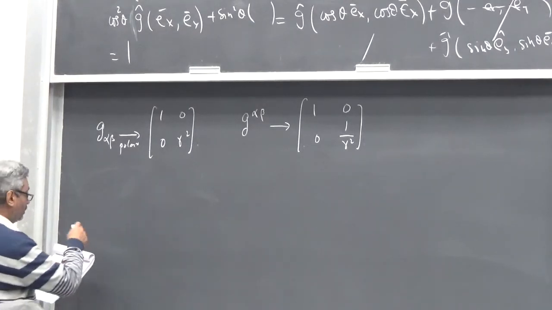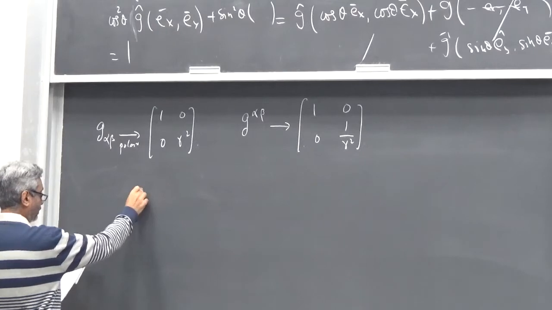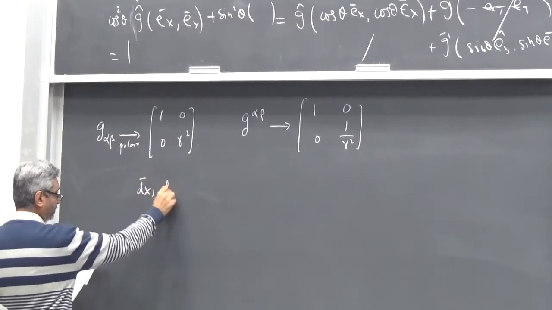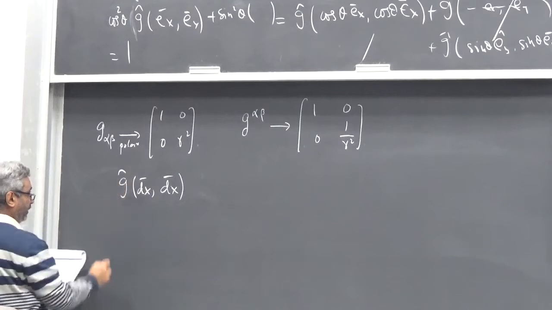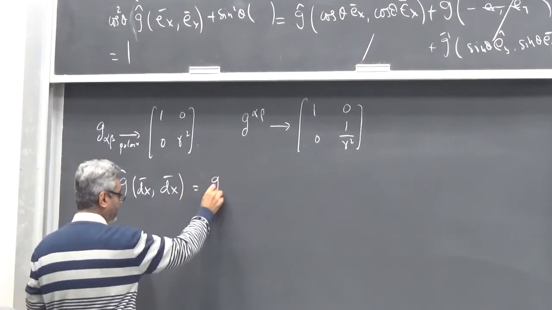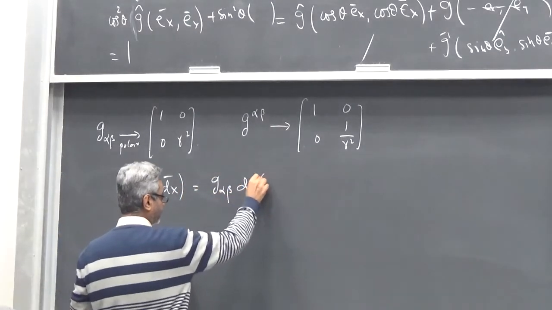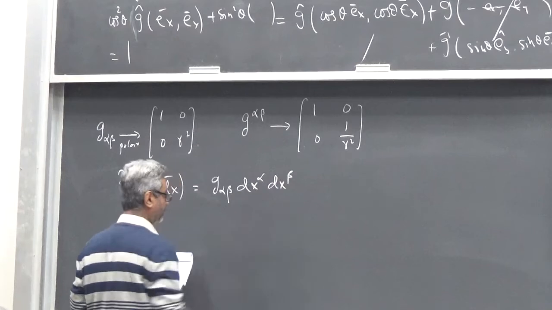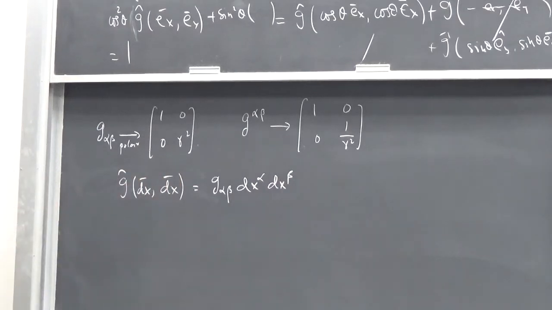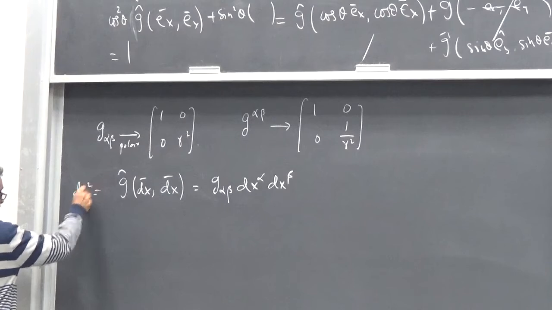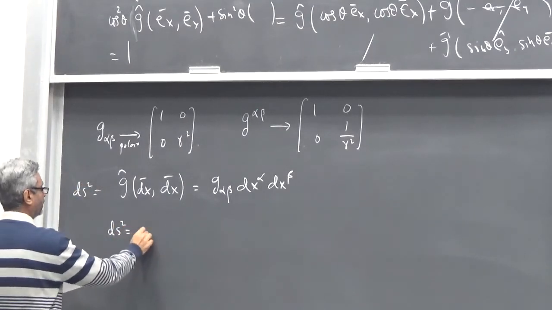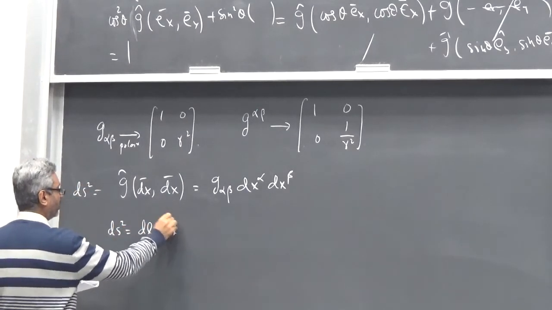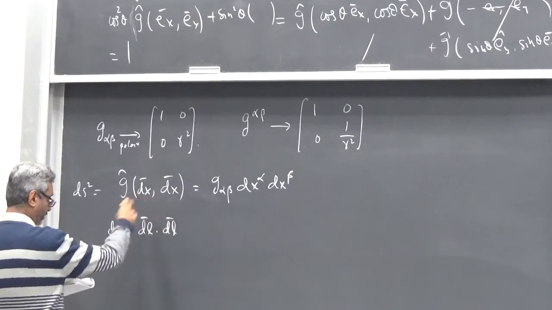If I take this vector and put it in here, this is basically G alpha beta, dx alpha, dx beta. This is the infinitesimal length, and so let's define this as ds squared, or it can also be written as the dot product between these two vectors.